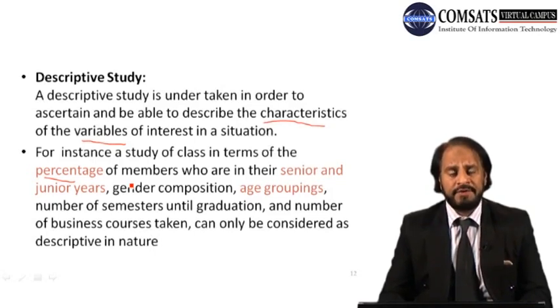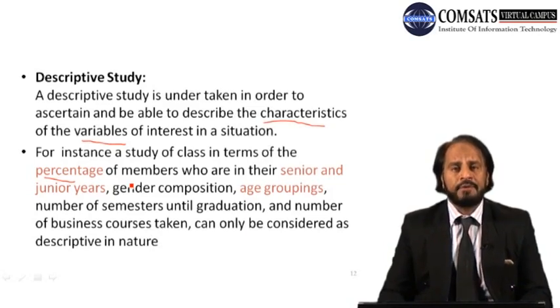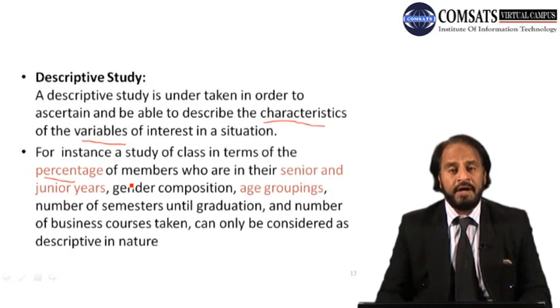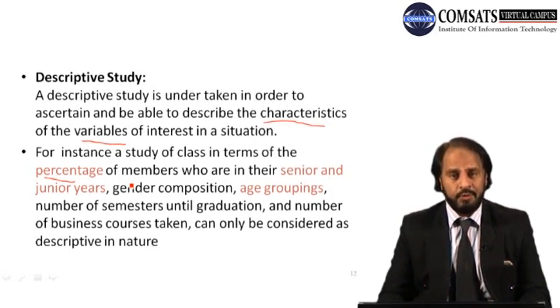In the case of managers, we would like to know how many managers are working at the middle level, the higher level, and the lower level, and how many managers are male and how many are female. Here we're trying to describe the characteristics, just like defining what a keyboard is, which I have right in front of me, especially a computer keyboard, because there are other kinds of keyboards as well.